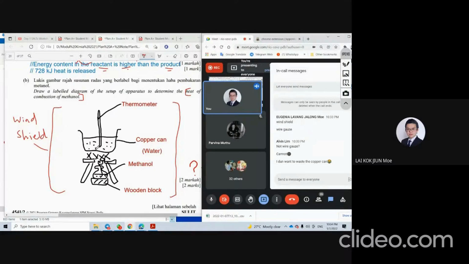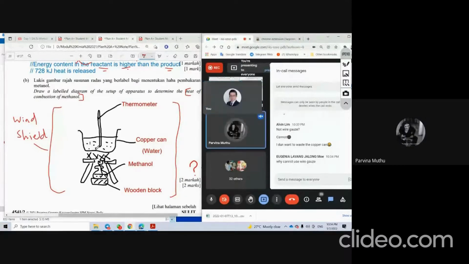Why cannot use wire gauze? Why must use pipe clay? Yeah, Eugenia, you're asking a good question. Pavina, did your teacher tell you why cannot use wire gauze? Because with wire gauze, the heat will go directly, so it's more dangerous.